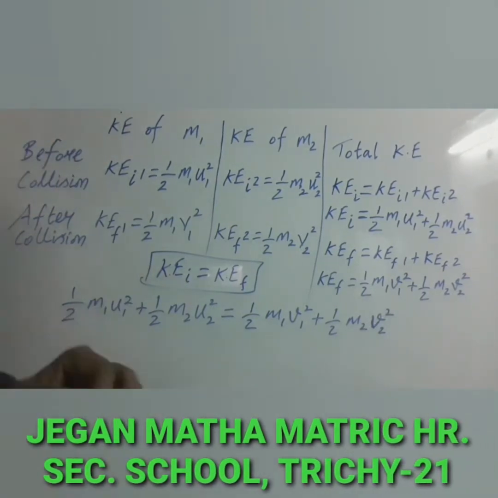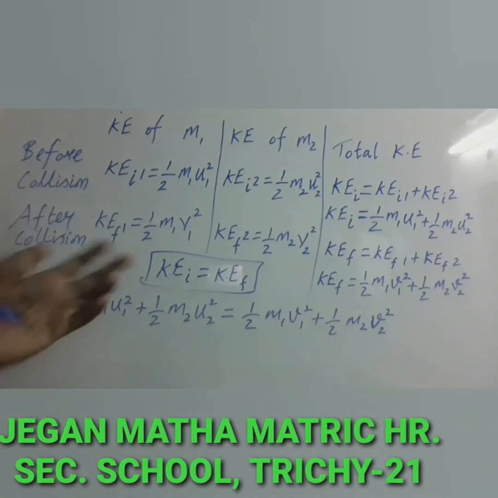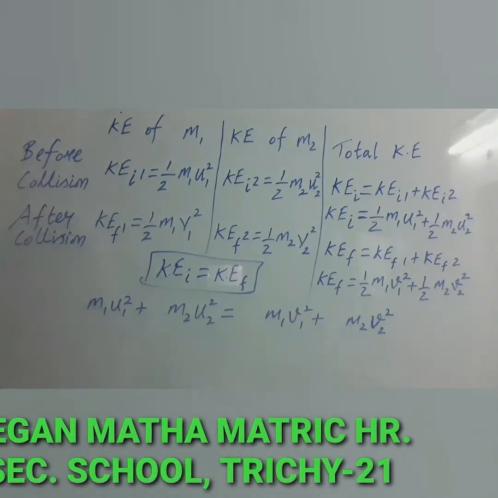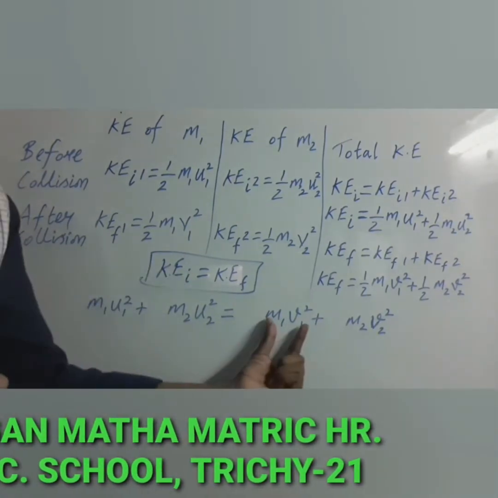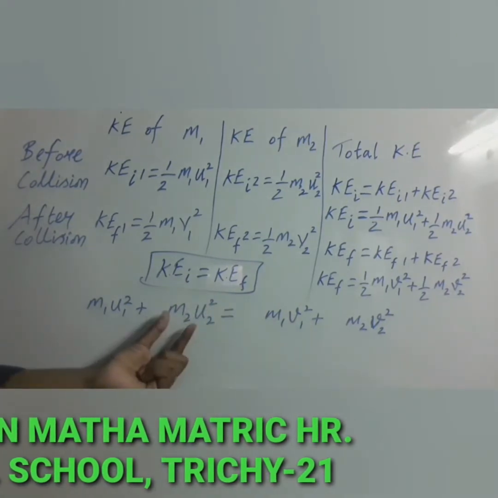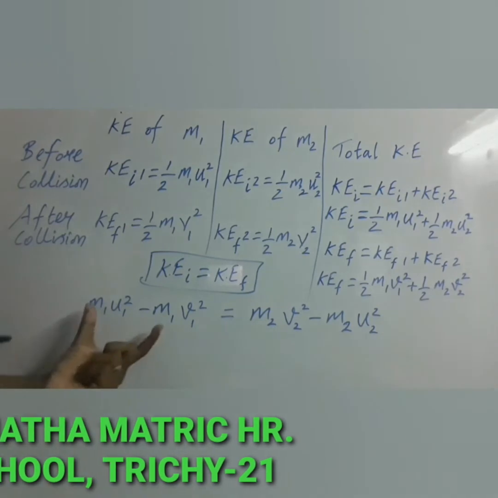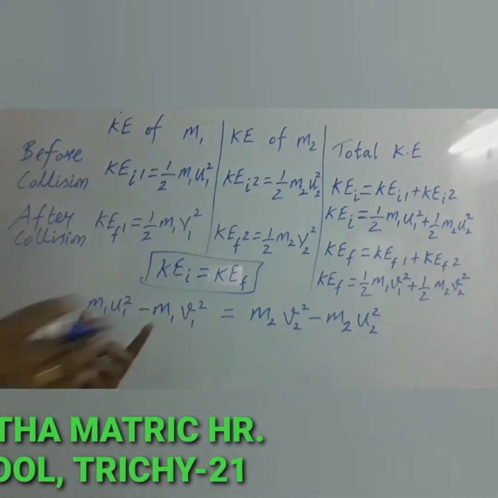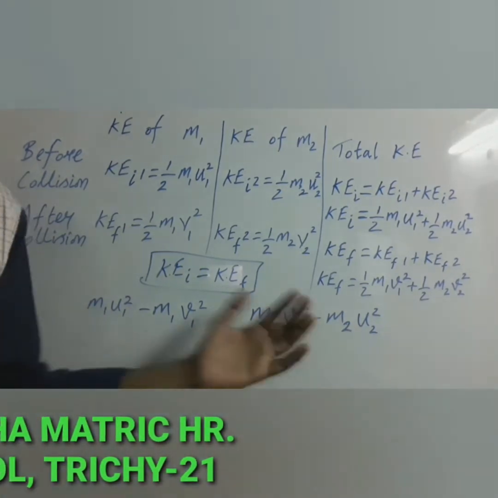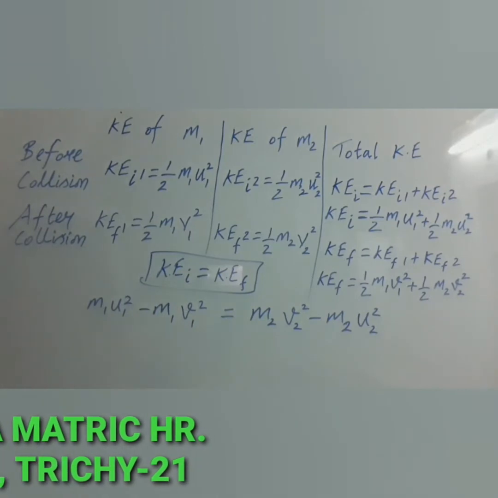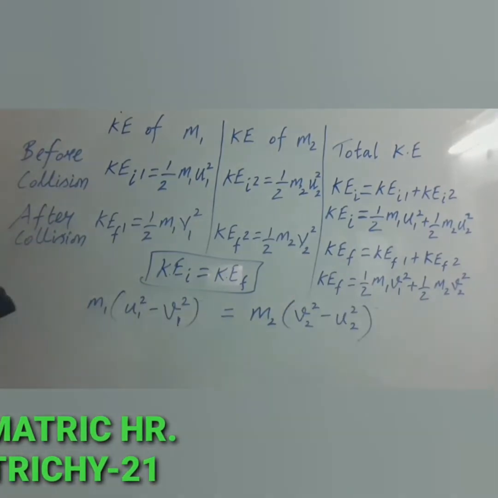What are the common things here? 1 by 2 is a common thing that can be cancelled. Like the previous case, m1 can be taken to this side, m2 can be taken to the right side. Now I have rearranged the previous expression. So which is a common thing here? m1 is a common thing that can be taken outside. In this expression, m2 is a common thing that can be taken outside. So this expression can be written like this.